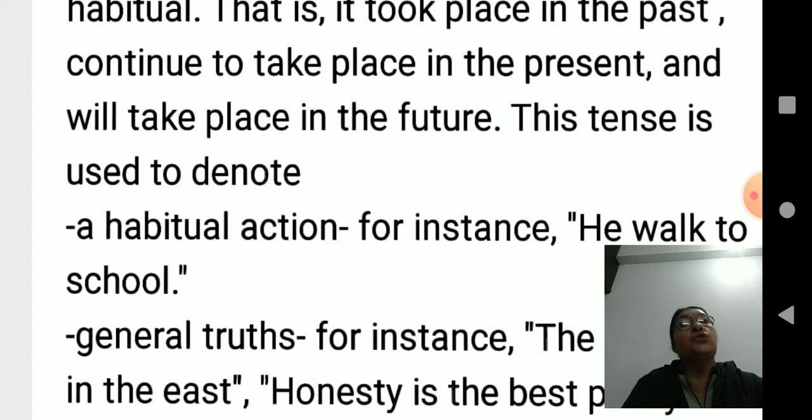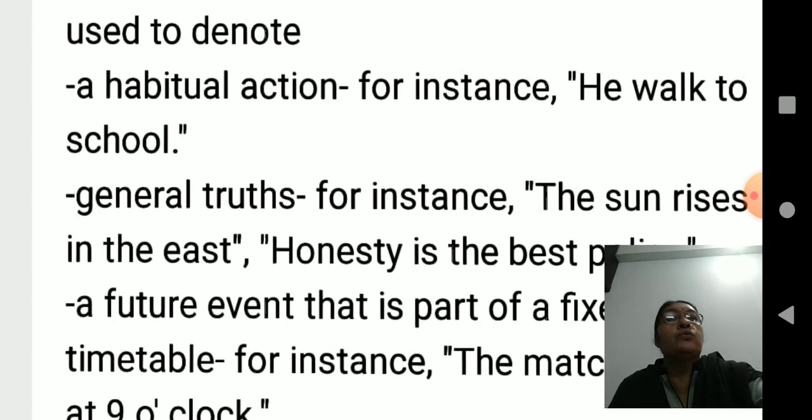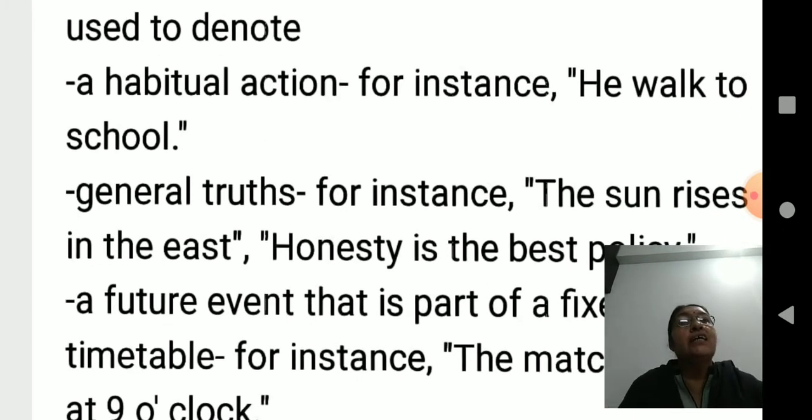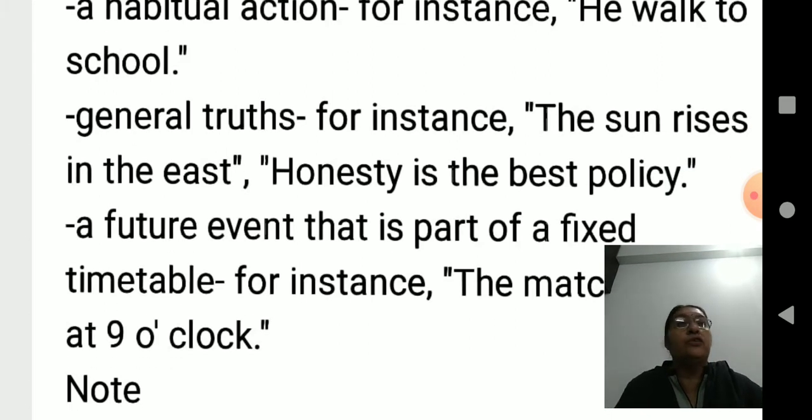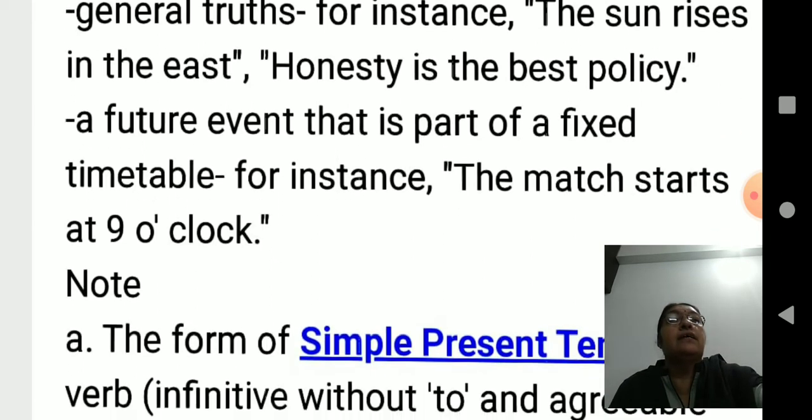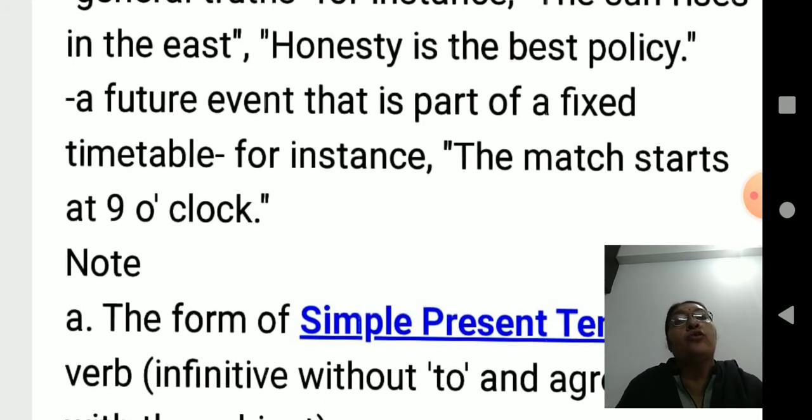This tense is used to denote a habitual action. For instance, he walks to school. General truths. For instance, the sun rises in the east. Universal truth. Do you know? No. Use simple present tense. Honesty is the best policy. A future event that is part of a fixed timetable. For instance, the match starts at 9 o'clock.